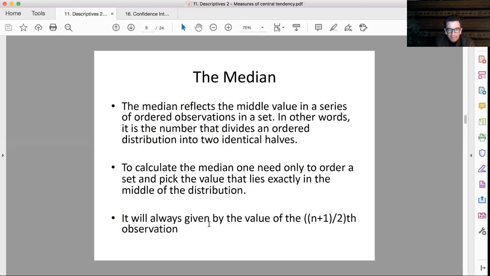So to calculate the median, we would order all the values in the distribution, and we will look for the one that is in the middle, and that value is the median. To look for which value is the median, we can use this little formula: n, the number of all of the observations, plus 1, divided by 2, and that tells you the number of the observation that is giving you the median.